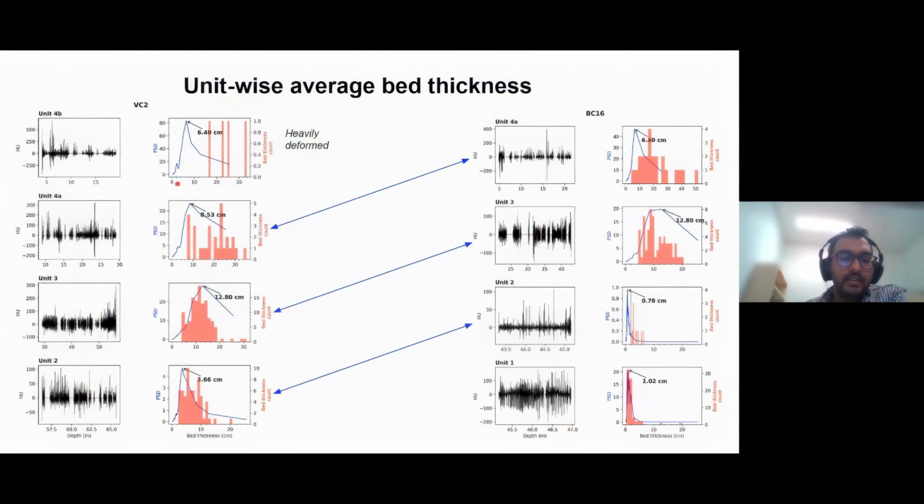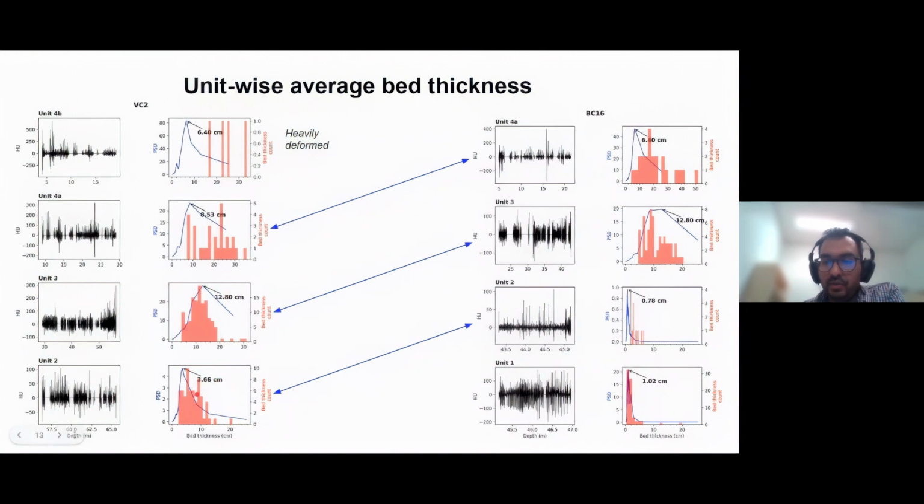And on the right hand side, we can see the power spectral density curve in blue. And also in red, we have a histogram of the hand-picked or the manually picked bed thicknesses that we employed for our earlier analysis. So as you can see, the peaks of the power spectral density closely match with what we picked manually for most of the units.